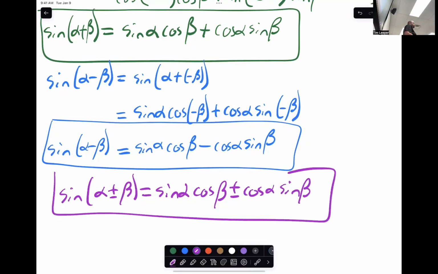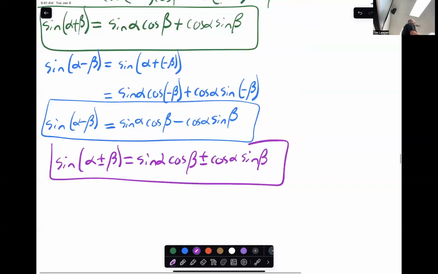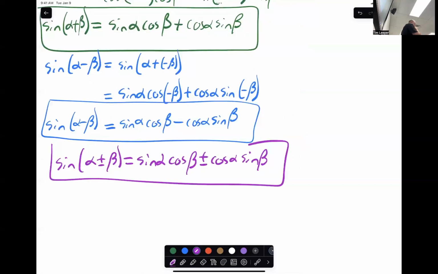So that's actually both of those combined. So with sine, you have an odd function, which is why we have to have sine and cosine multiplied together. With cosine, it was an even function. That was why we had both cosines and both sines together.